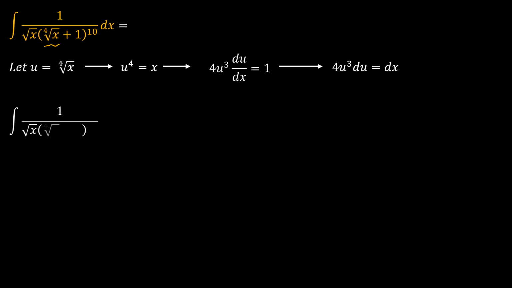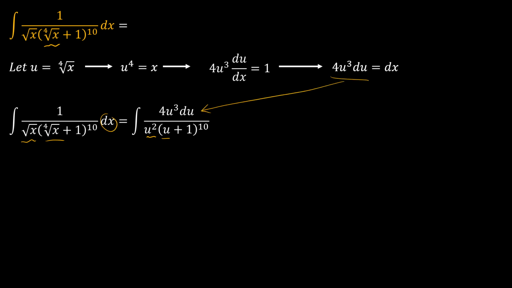Now our integrand is going to change. We're going to move from the x domain to the u domain, and so in place of the square root of x, we're going to have u squared. In place of the fourth root of x, we're going to have u. And then in place of our dx, we're going to pull this down here.